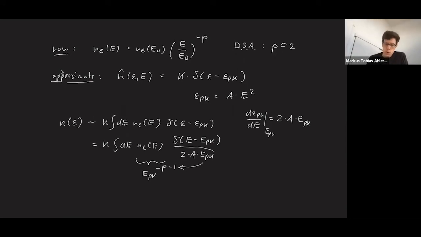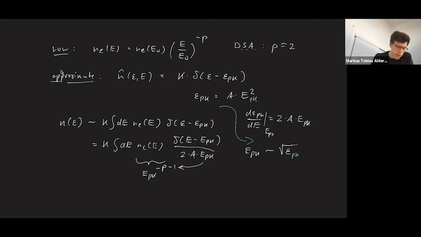On the other hand, we know that the peak energy should scale as the square root of the photon energy, just by inverting this equation here. So if you write this in terms of the peak energy, this is going to be the dependence of the peak energy in terms of the photon energy.